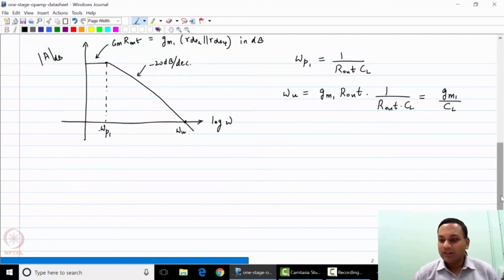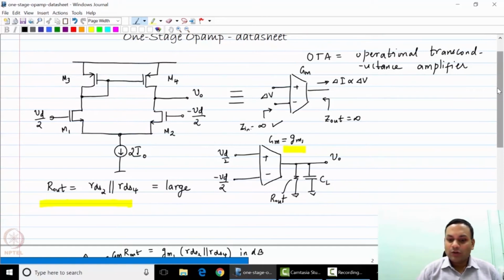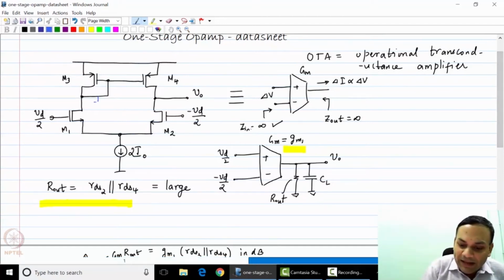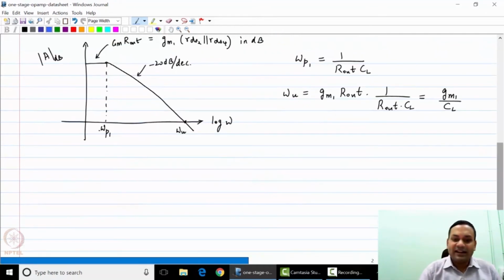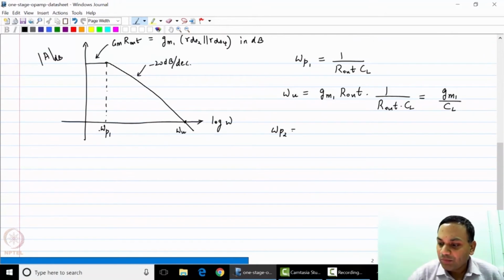Now it turns out that this op-amp has a couple of more non-idealities. As we have studied before, there is some parasitic capacitance here which we will call Cx. It turns out that this particular op-amp also has a second pole.